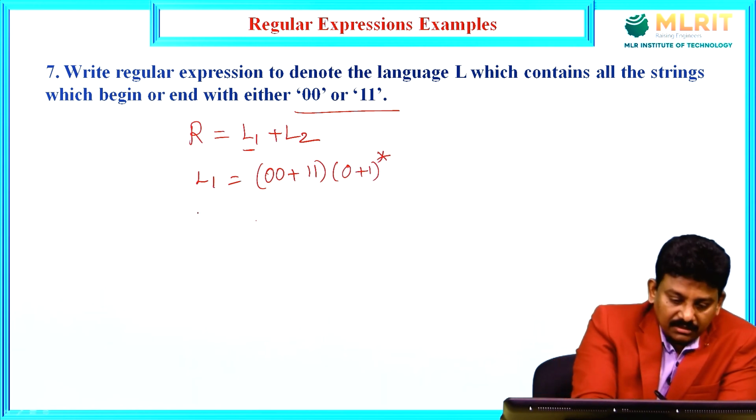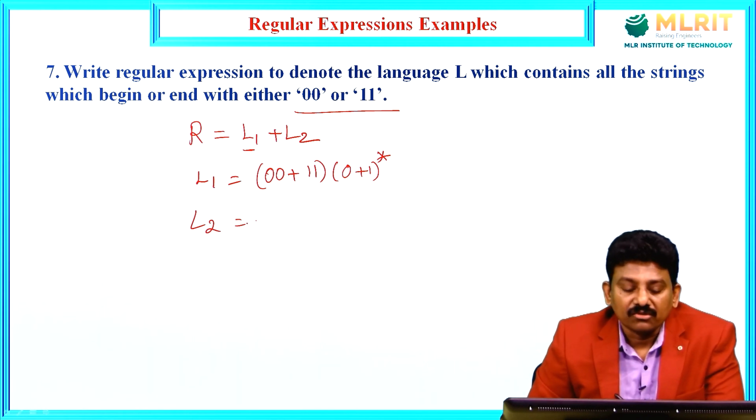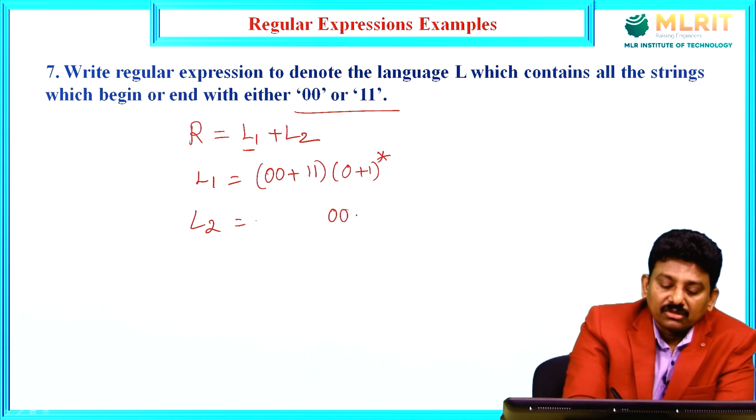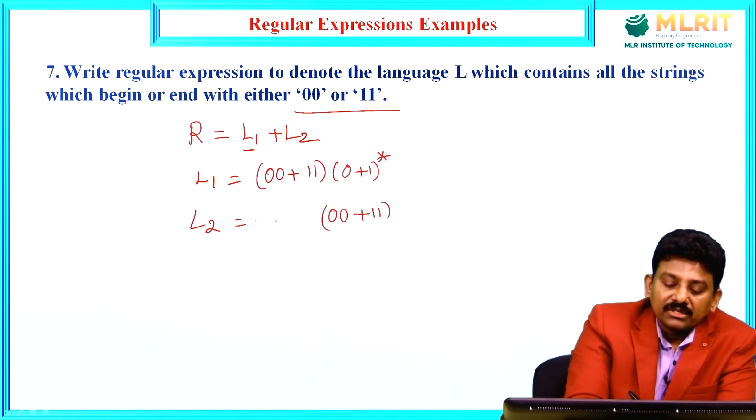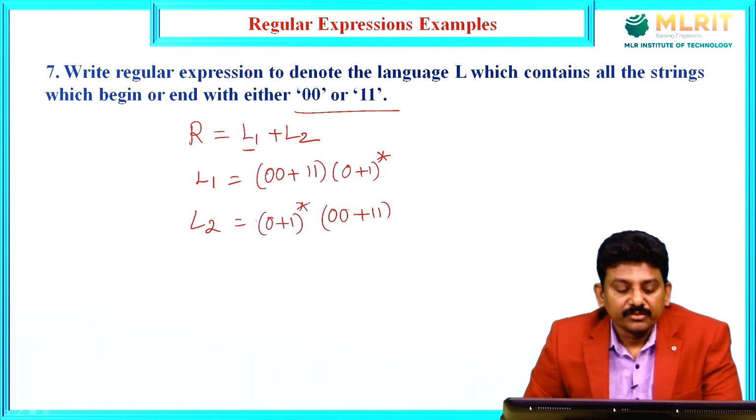Then L2, the strings that end with either 00 or 11. Before that we can have any combination of zeros and ones. So L1 represents strings that begin with either 00 or 11, and L2 means strings that end with either 00 or 11.